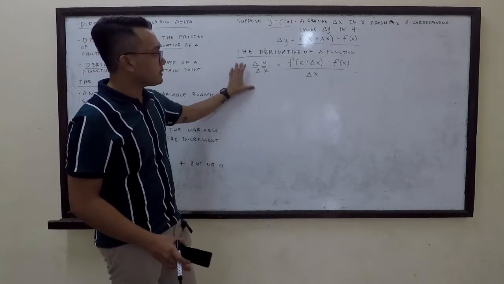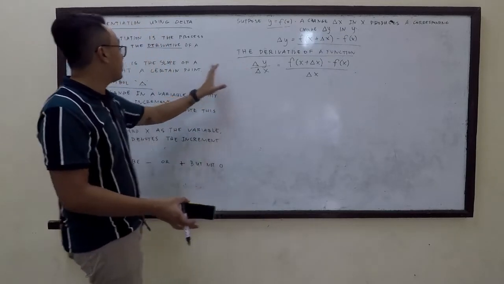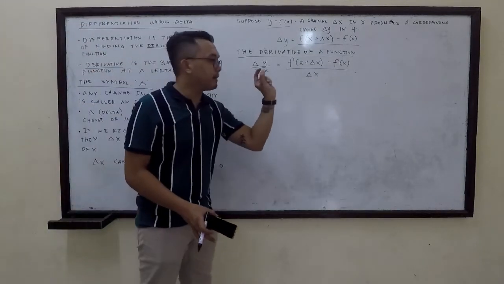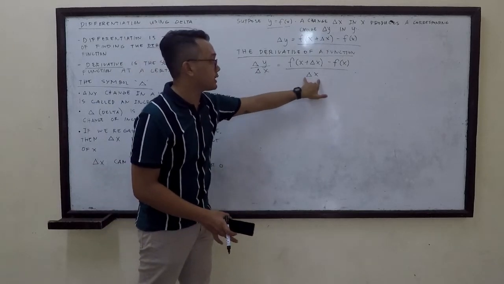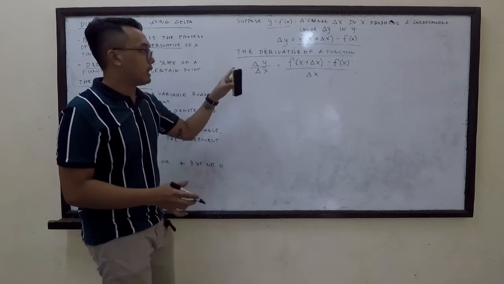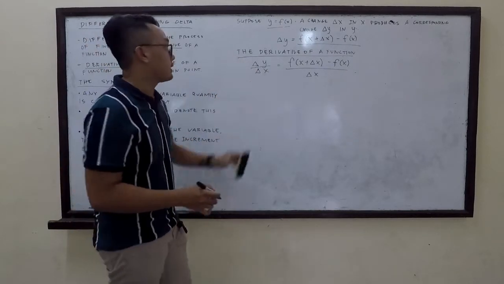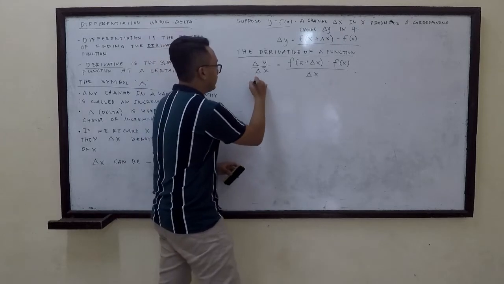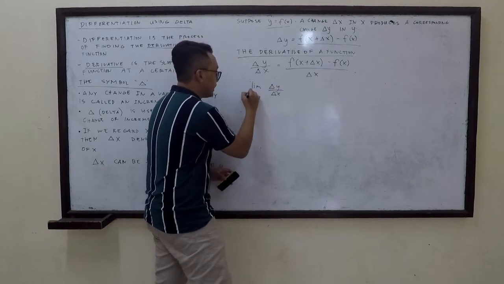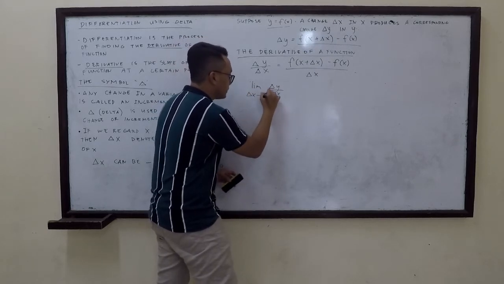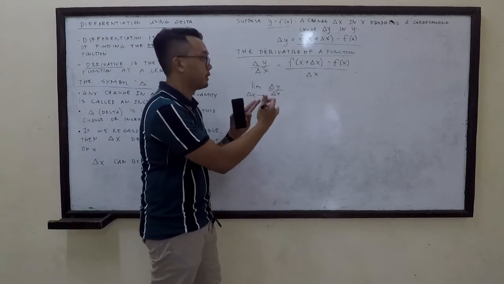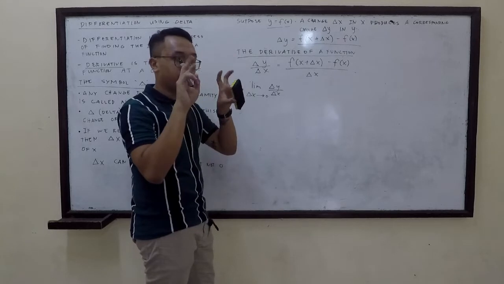So, since this is calculus, remember, the derivative is just the slope at a certain point, meaning the change in delta x and delta y is very small. So we apply limits. So, the limit now of delta y over delta x, as delta x approaches 0, because we need a very small change in x and y in order to find the slope of that point.